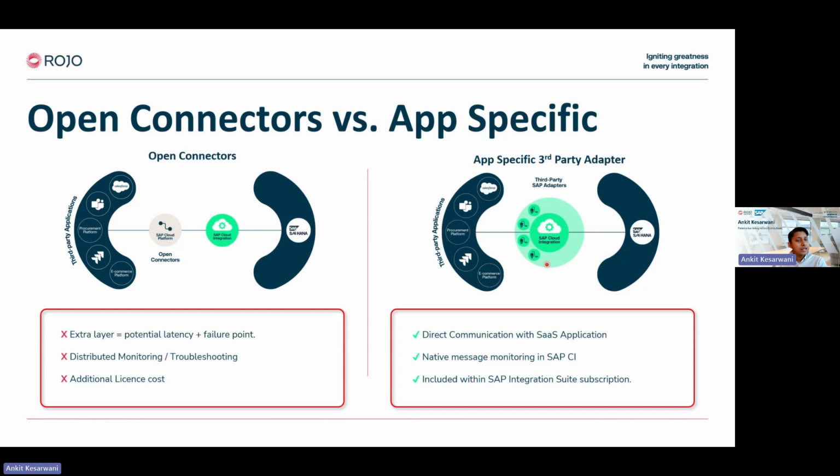And on top of it, since it is part of your own Integration Suite, it does not have any extra message cost or license cost. And from an operation standpoint also, it is much easier to troubleshoot if there is any error in our integration because of the connectivity. So that's the benefit which you get when you're using application specific adapters in comparison to Open Connectors.